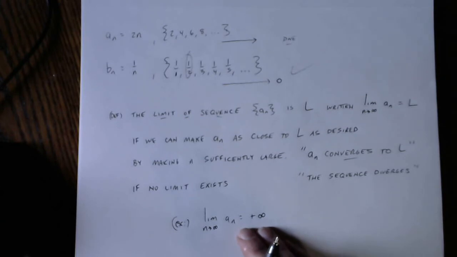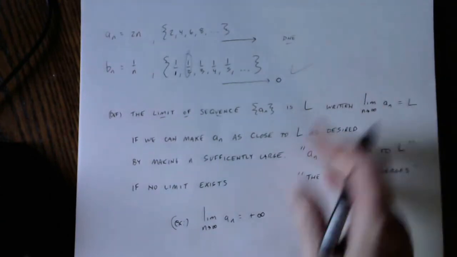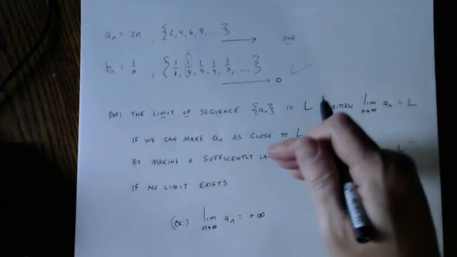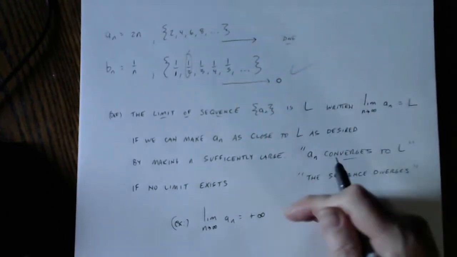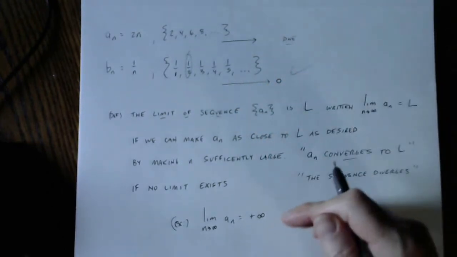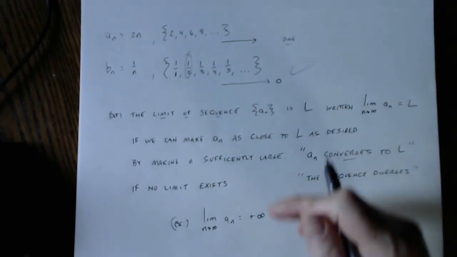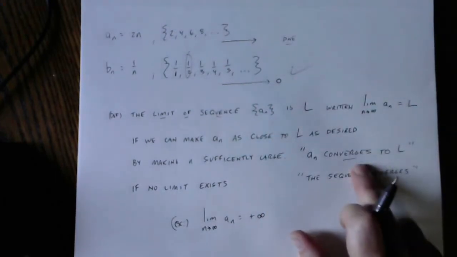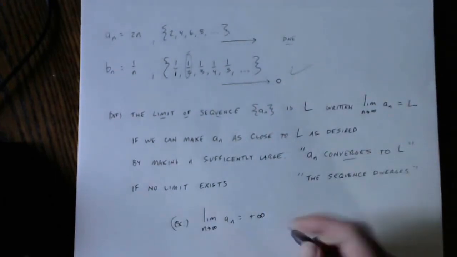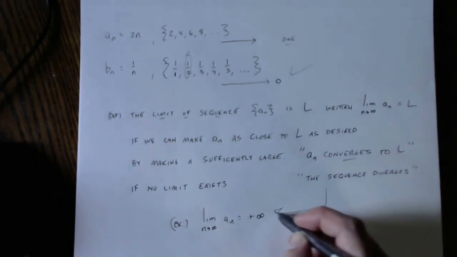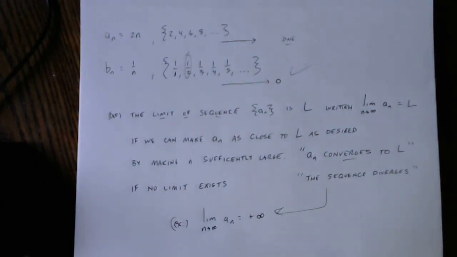For example, if I go back to the flip-flopper, say I had (-1)^n, that would be +1, -1, +1, -1, etc. Just going back and forth. Well, that's not going to infinity, but it's certainly not converging. So this is a common way to diverge, but not the only way. Just keep that in mind.